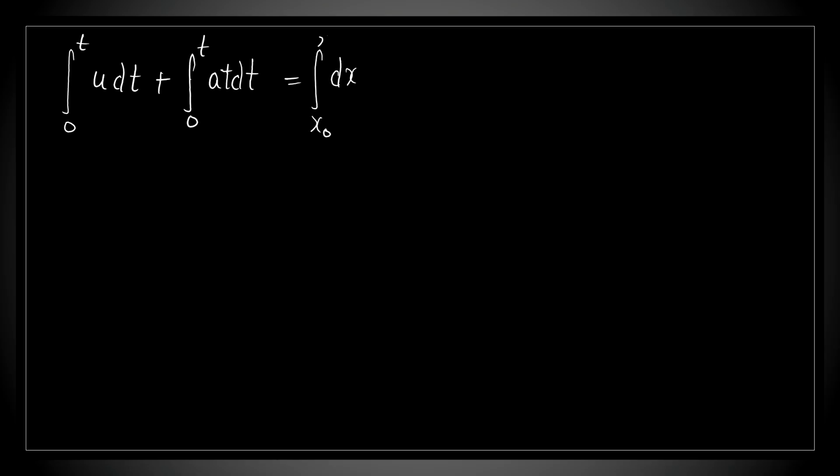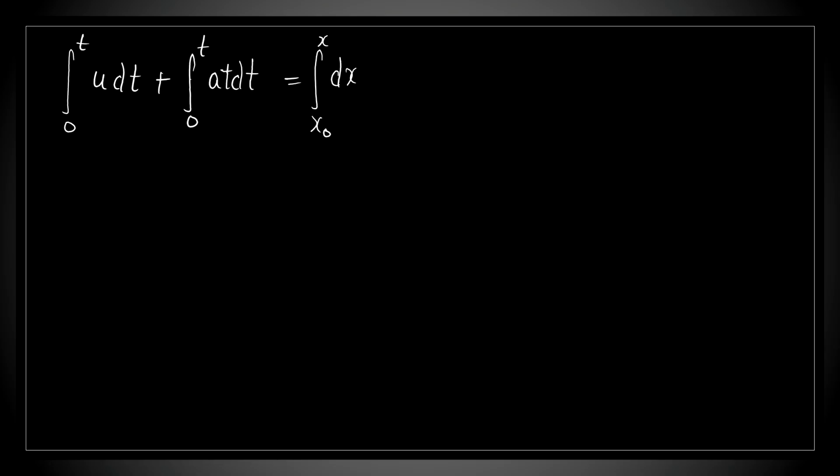Then integrating 0 to t u dt plus integrating 0 to t a t dt equal to integrating dx from x naught to x.